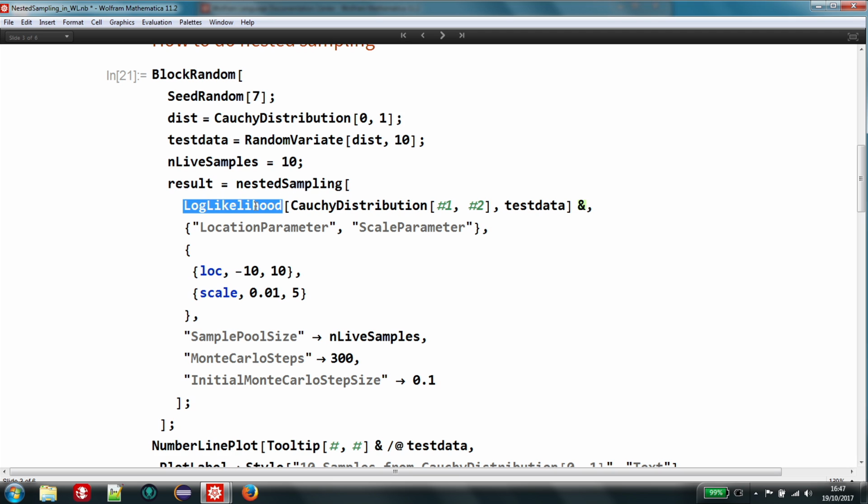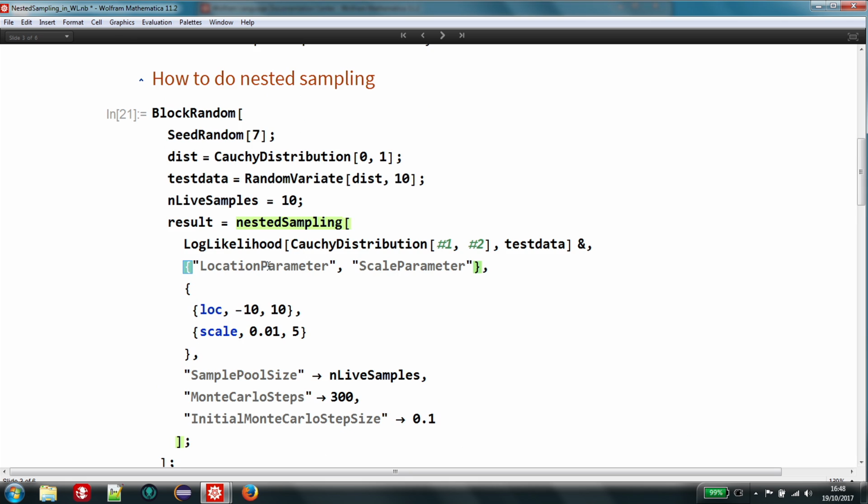So I throw in the likelihood function, actually the log likelihood function. It's a bit easier to work with the log, which is the Cauchy distribution of the two parameters which I'm estimating. So they slot in as a function. And the data. Now my prior I specify in a general way.